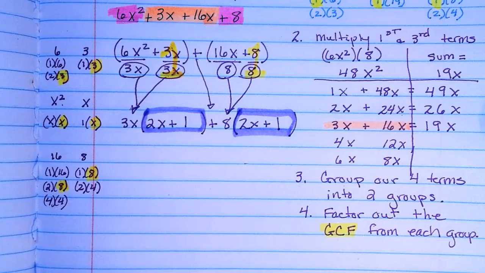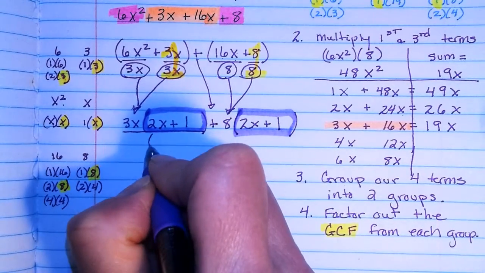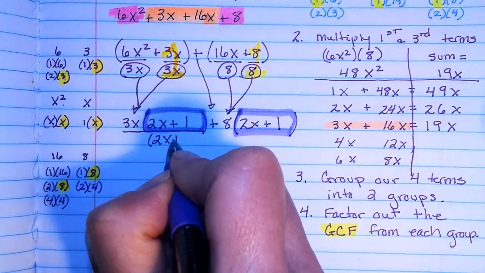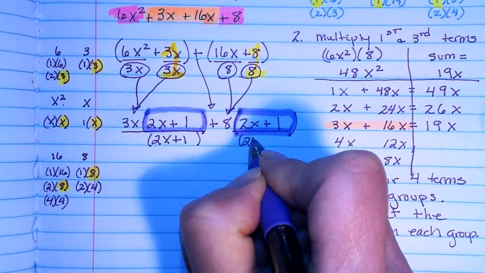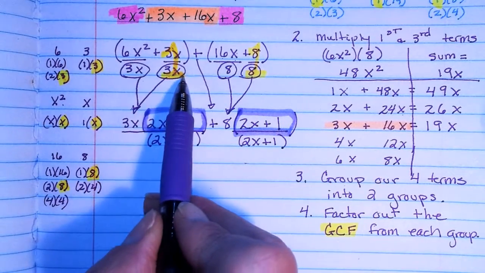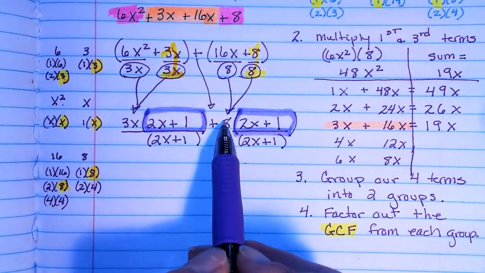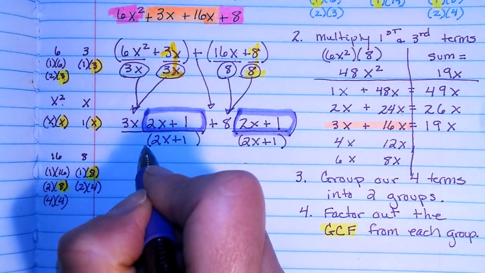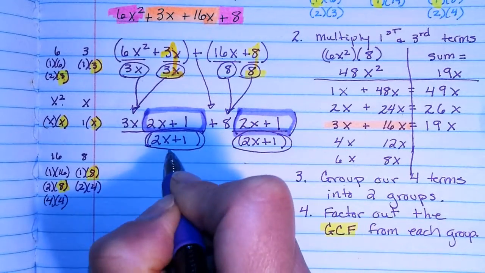They both have that, which means I can divide out 2x plus 1 from both terms. Just like I did in the previous one, I divided and brought it out front. I'm going to do the same thing here. These are my greatest common factors.